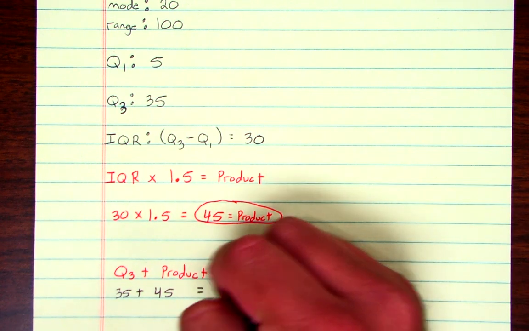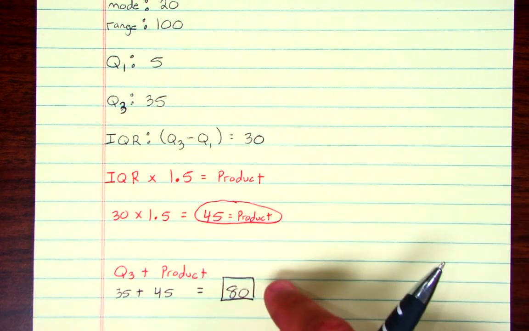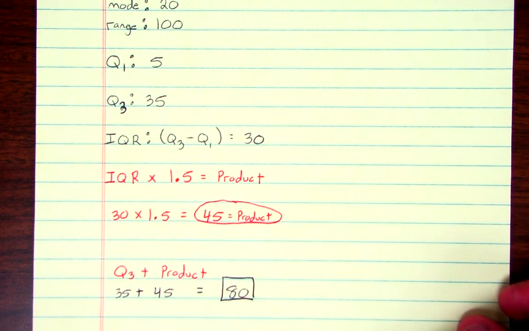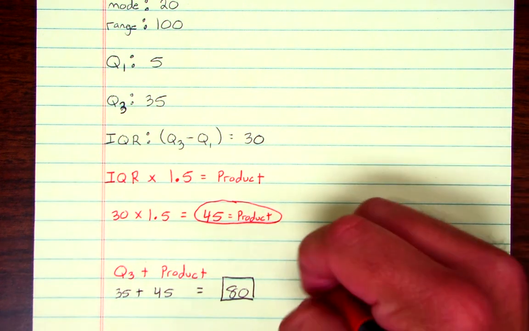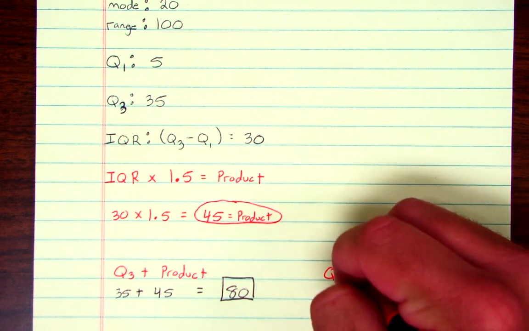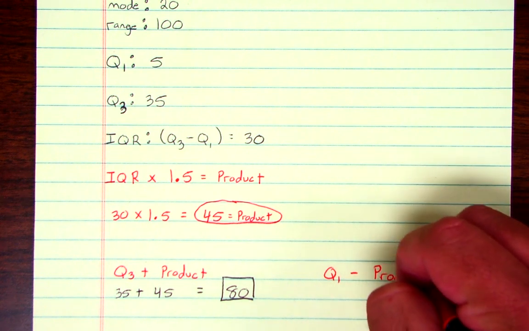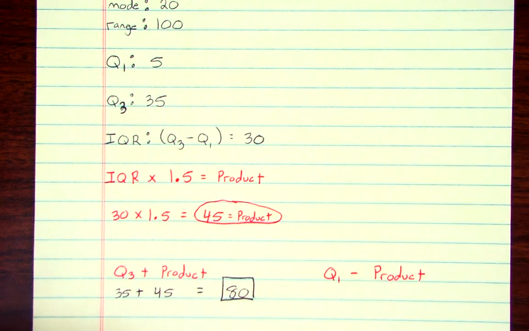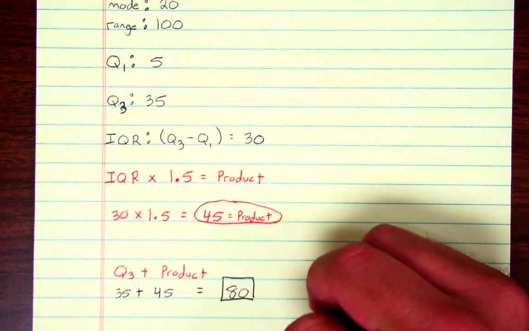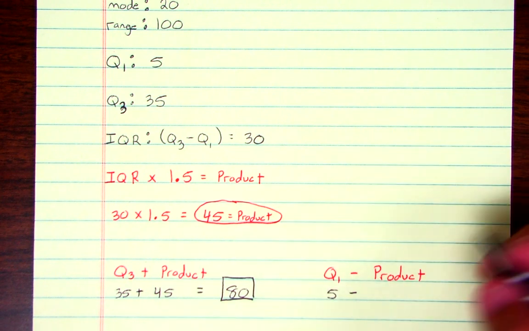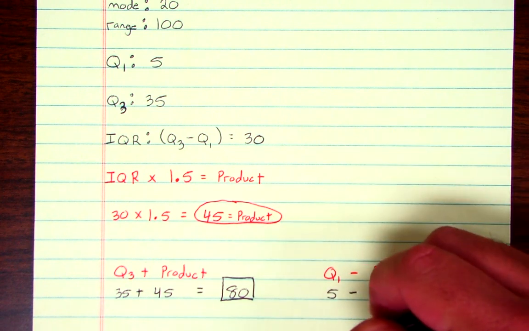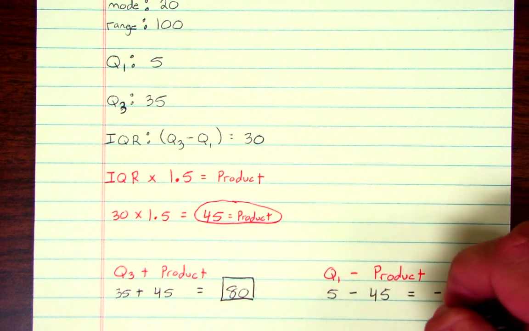I'm going to put a square around it because I need that number. Then I'm going to take my Q1 and subtract the product from it. So your Q1 is 5 minus your product, which is 45, which gives you negative 40.